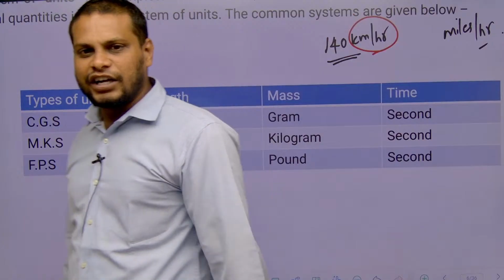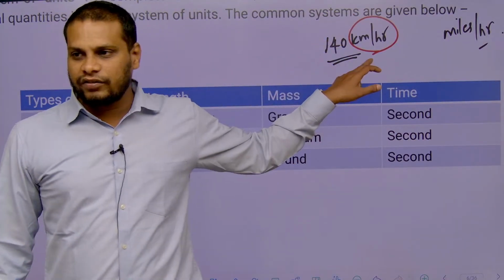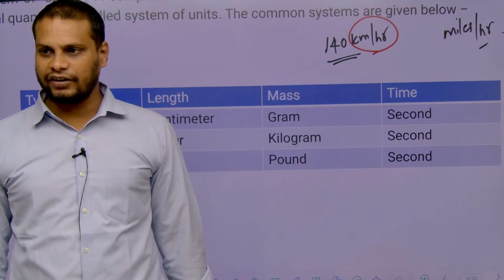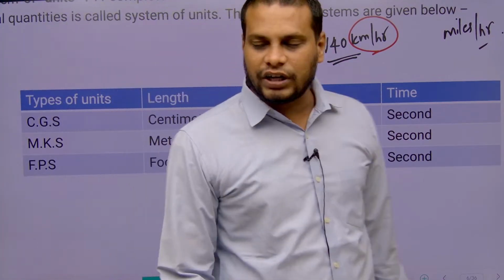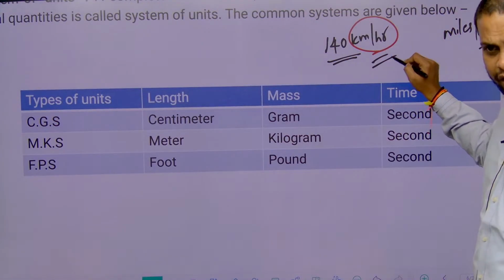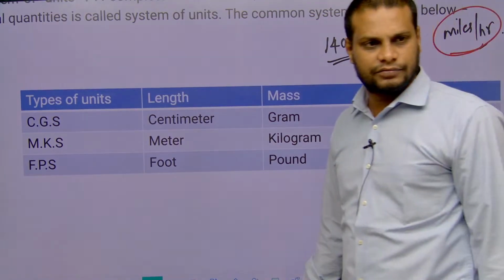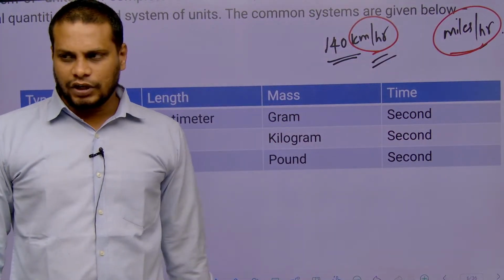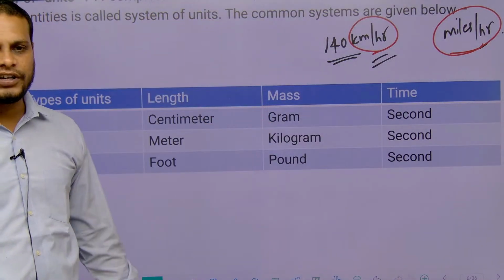But actually the internationally accepted unit for length is meters. Time is seconds. Sometimes we use a unit like kilometer per hour in some countries, and in some countries they use miles per hour. Both are the same, only the units are different. Are you clear? So like that, we have different types of systems of units.